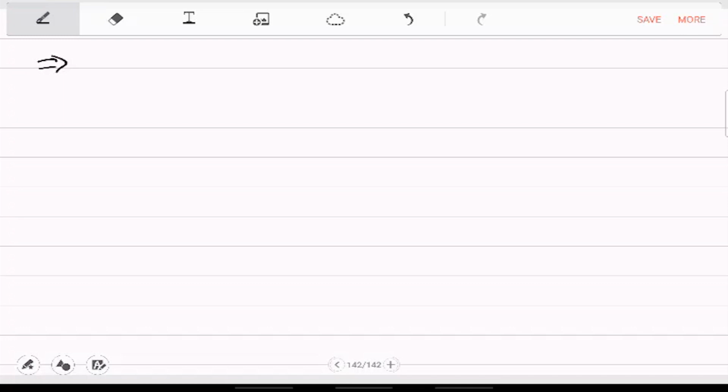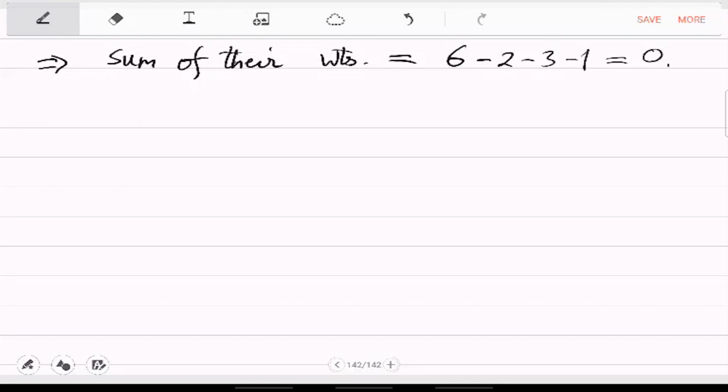So this implies that the sum of their weights is 6 - 2 - 3 - 1, equal to 0. That is what we wanted to show, that cycle covers of XOR are actually not contributing anything.